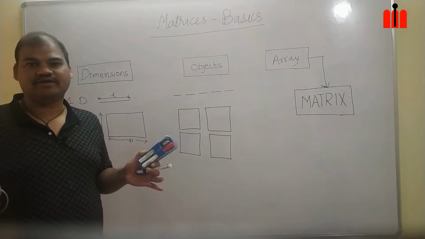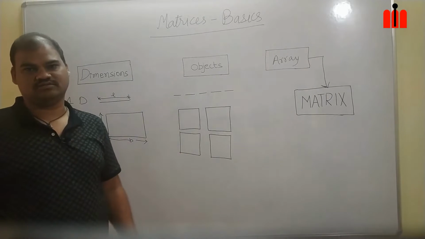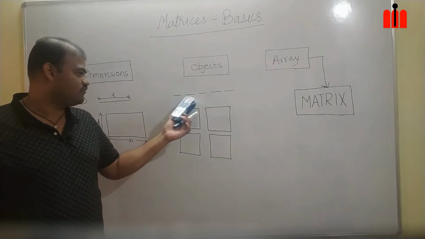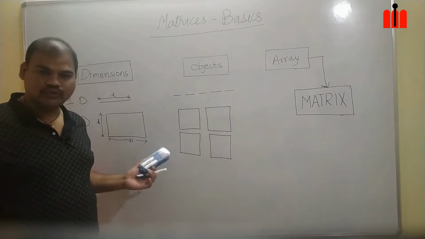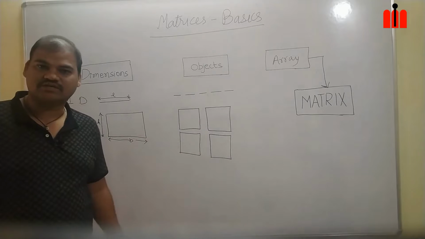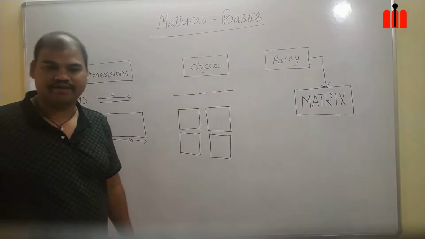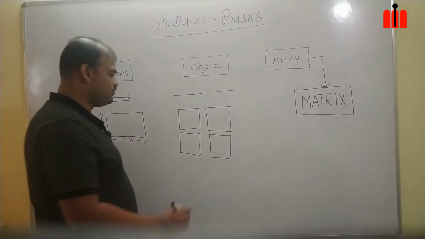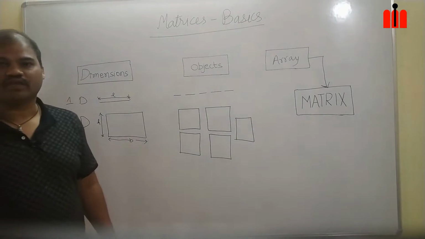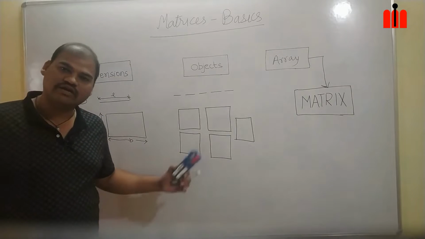So like that we can tell it's elegantly organized. Are you getting it? Here number of rows is 2, number of columns is 2. 2 into 2 is 4, so it gives the number of objects. That's why this is an array. If I add another rectangle over here, it will be a group of objects, but it's not an array. Why is it not an array?